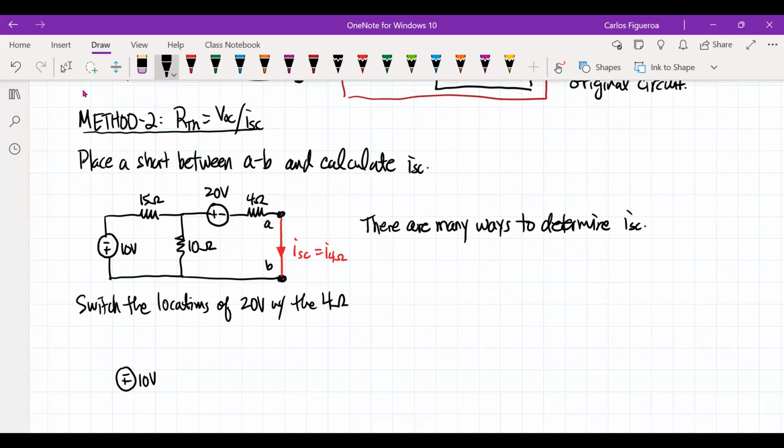I have a 10 volt. Here's my 15. And then here's my 10. And then look what I'm going to do. I switch their locations. And then I have my 20 volts right here.